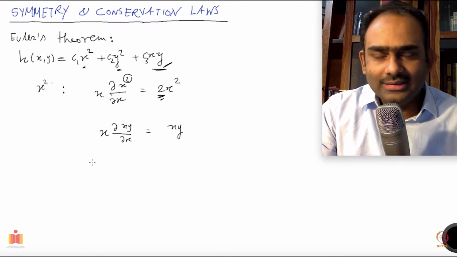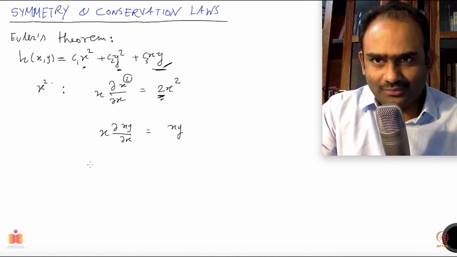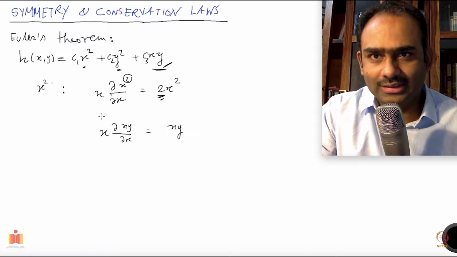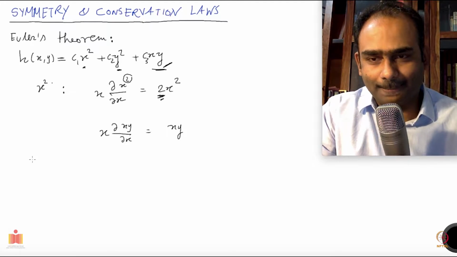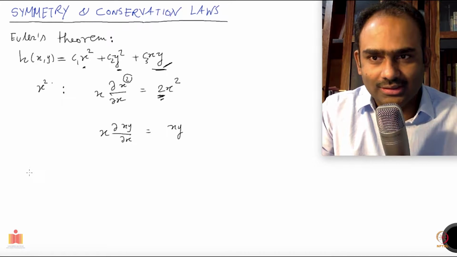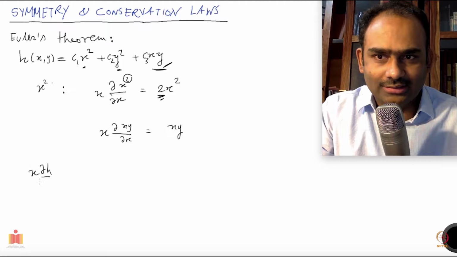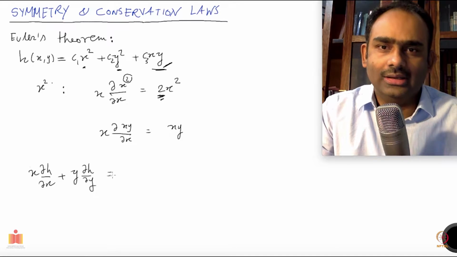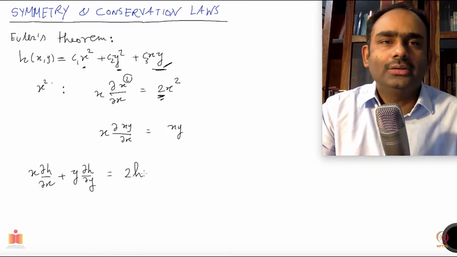You can already see probably that if I take a function which is homogeneous of second degree, then the following is going to happen. If you take, in this case for h, x del h over del x plus y del h over del y, then you are going to get 2h.